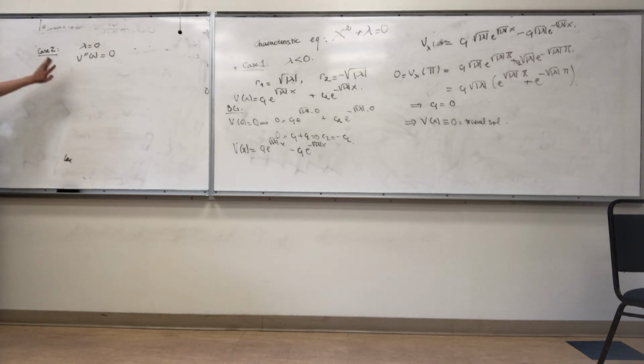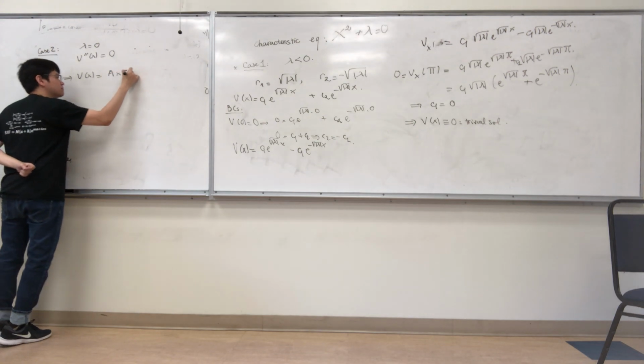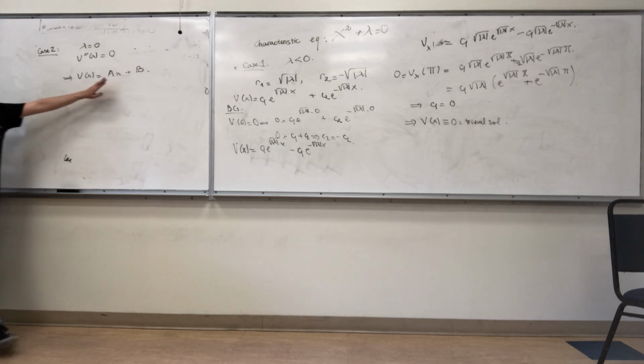When lambda is 0, V''(x) will be 0. So V will be ax plus b. So when V'' is 0, you have a linear solution, which is ax plus b.